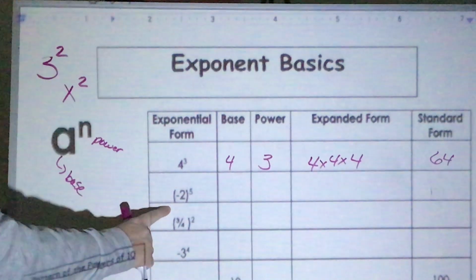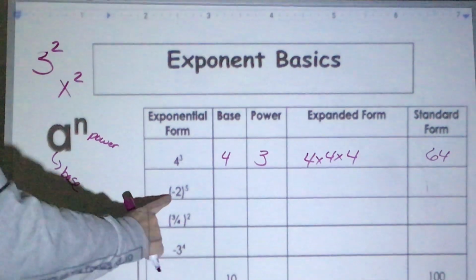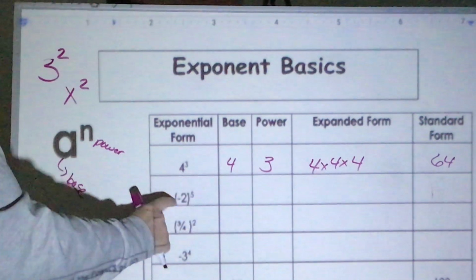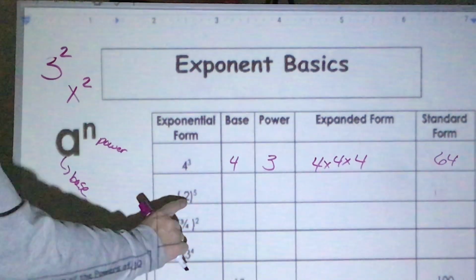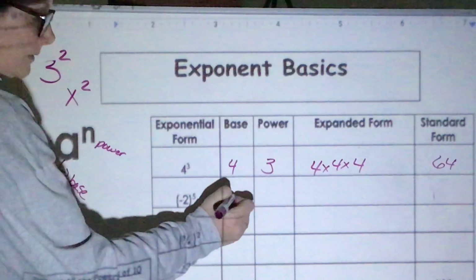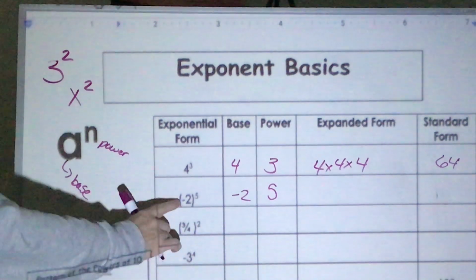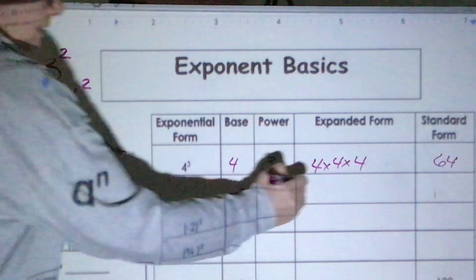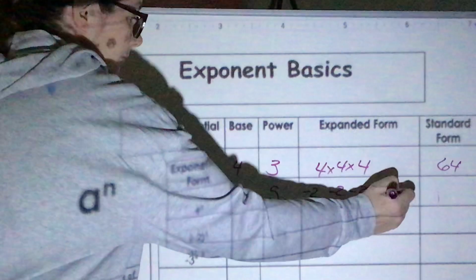For our next example, we need to be careful because we have parentheses, and when you have parentheses, the whole number in parentheses is your base, and you'll see why that'll be important soon. But the base number in this case is -2. The power is 5. So what this is asking us to do is to take -2 5 times and multiply it.